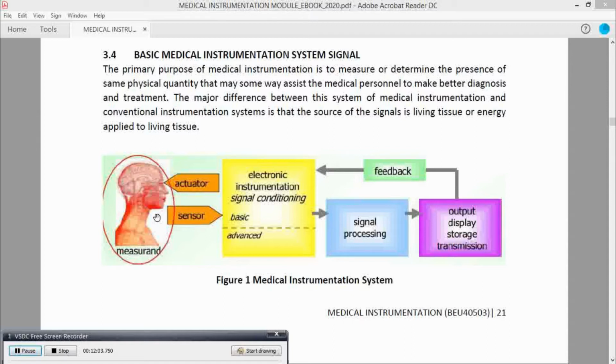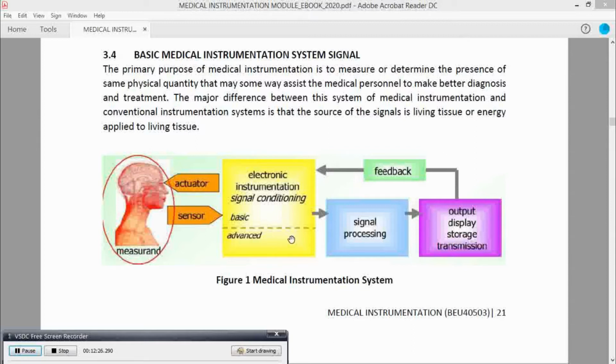And then we have sensors, actuator, so on the way back, sensors. Then we have a basic or advanced system, that means electronic instrumentation, signal conditioning, signal processing.